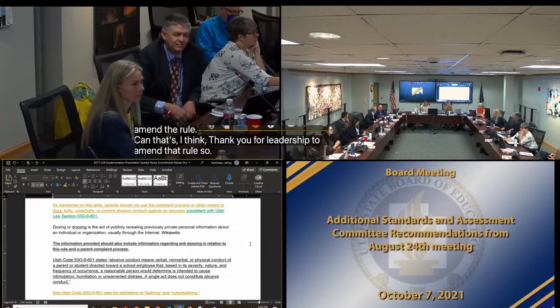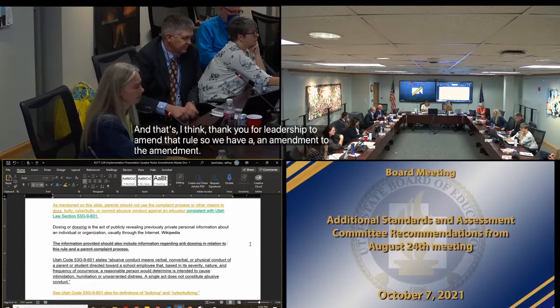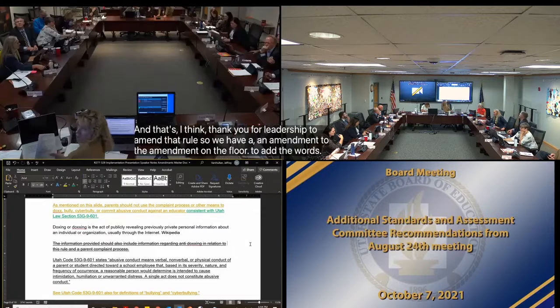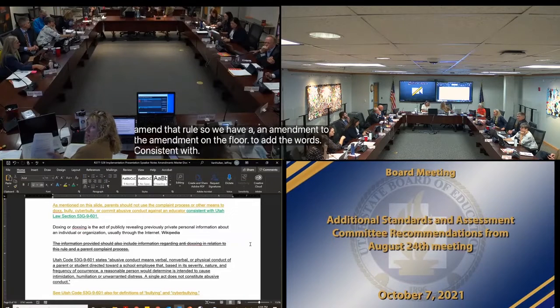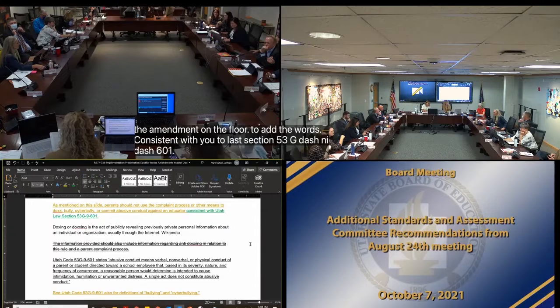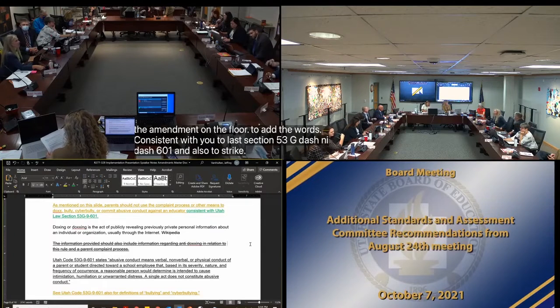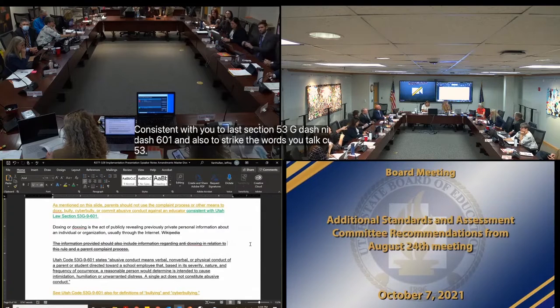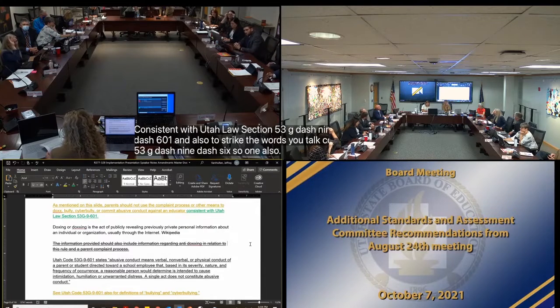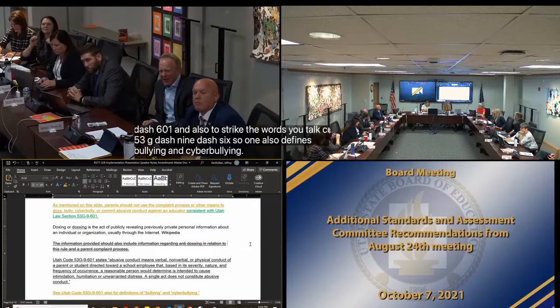So we have an amendment to the amendment on the floor to add the words consistent with Utah law, section 53G-9-601, and also to strike the words Utah Code 53G-9-601 also defines bullying and cyberbullying.